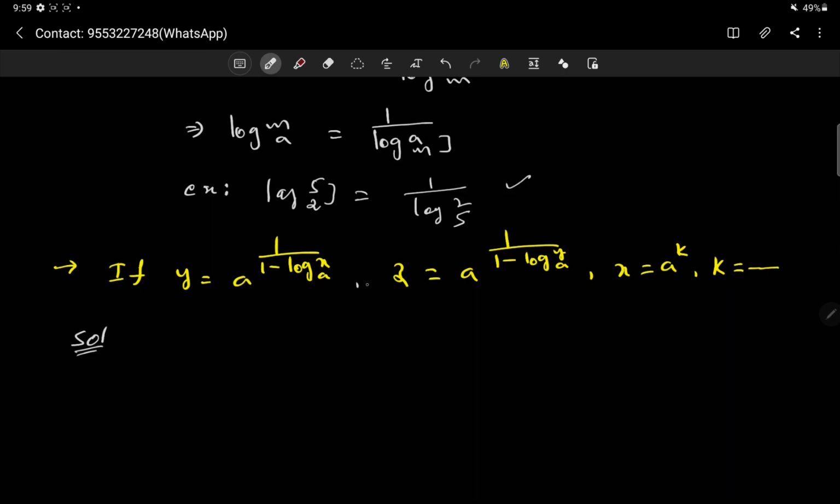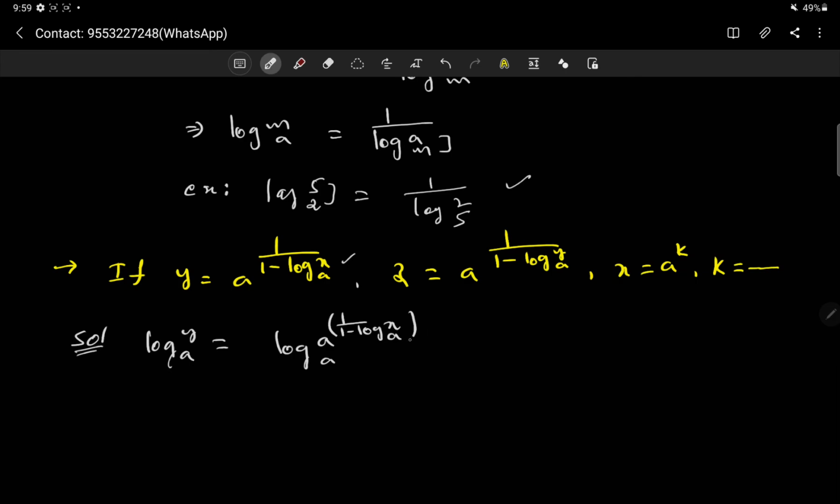I am going to take log with base a on both sides for this equation. Then log y base a is equal to log with base a of a power 1 by 1 minus log x base a.